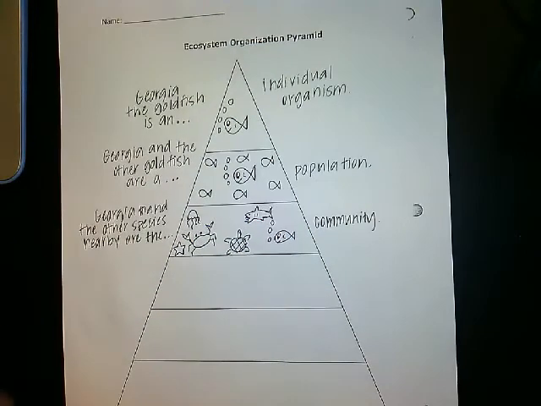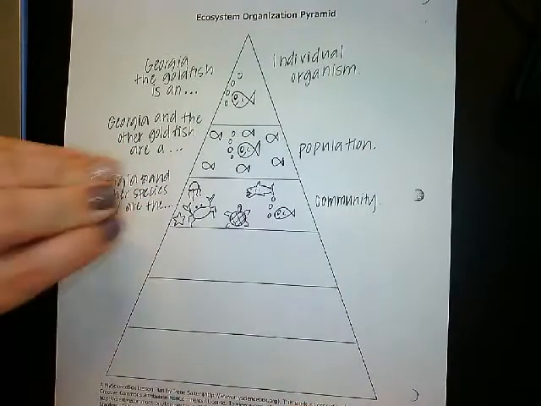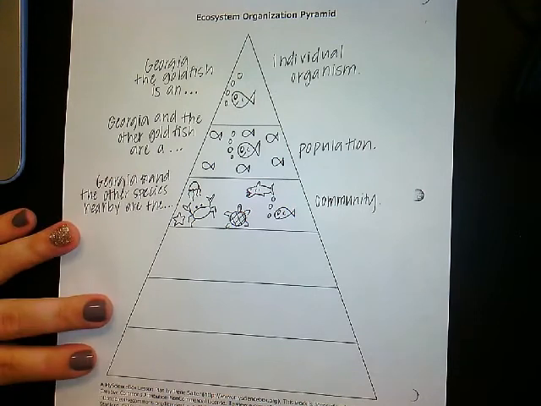Georgia and the other species nearby are the community. Okay, so again, these are all living things that make up the community in that ecosystem.